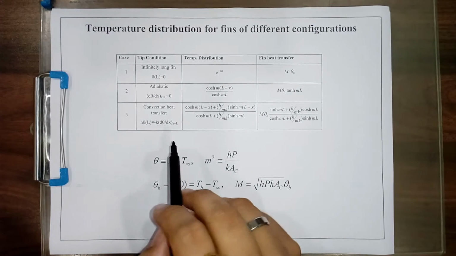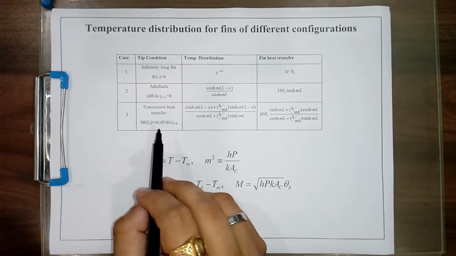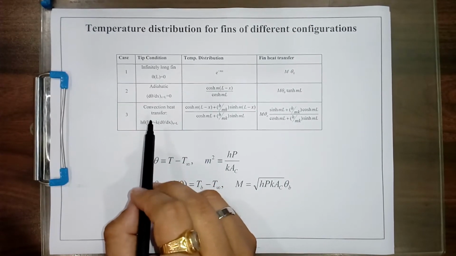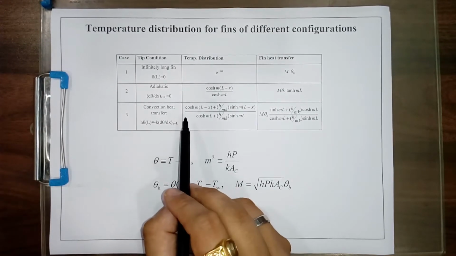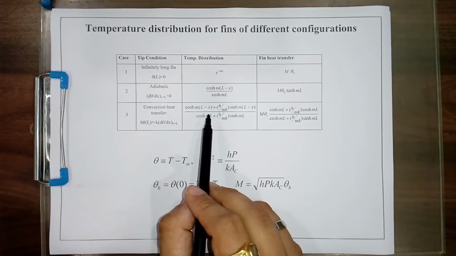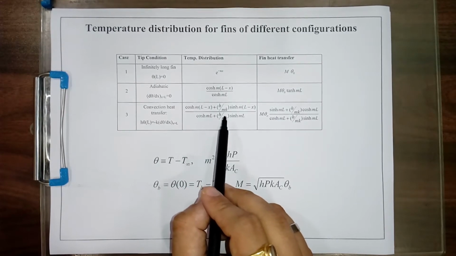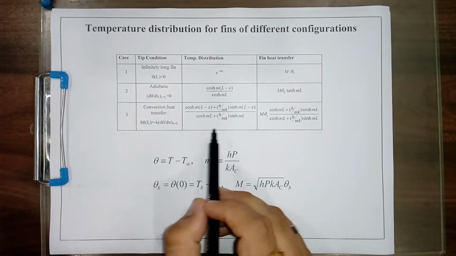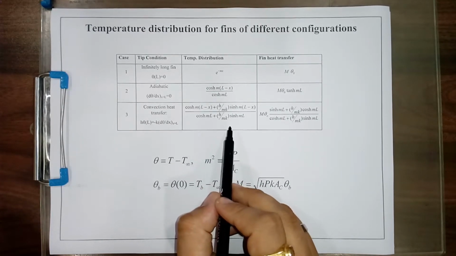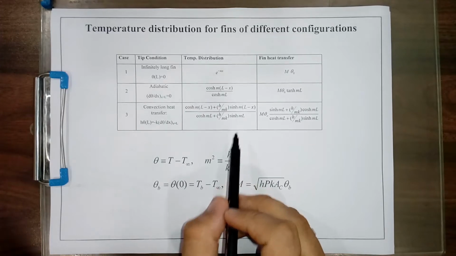And the third case, heat loss from the tip of the fin, meaning convective heat transfer at the end of the fin, we get theta by theta naught equals cosh m(L minus x) plus h by mk sinh m(L minus x), divided by cosh mL plus h by mk into sinh mL.